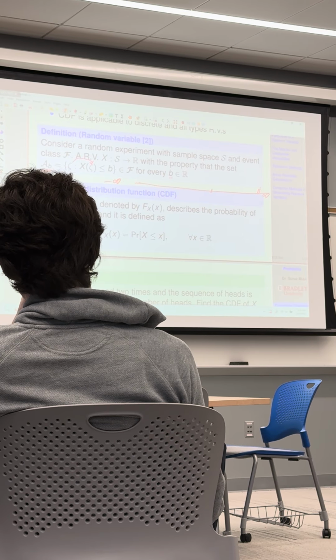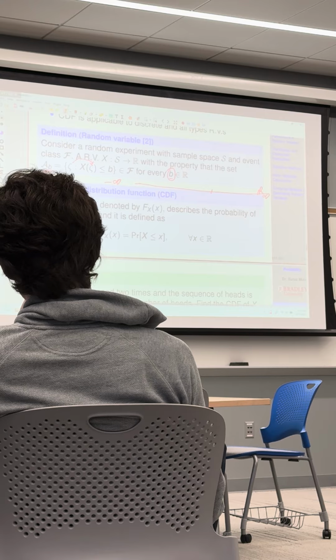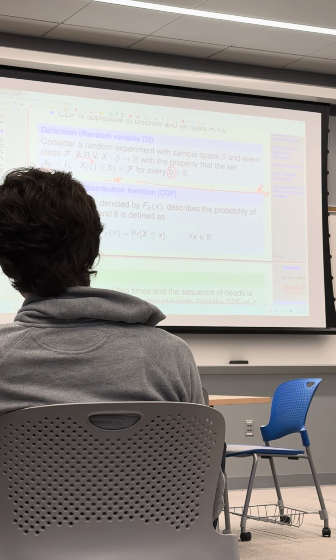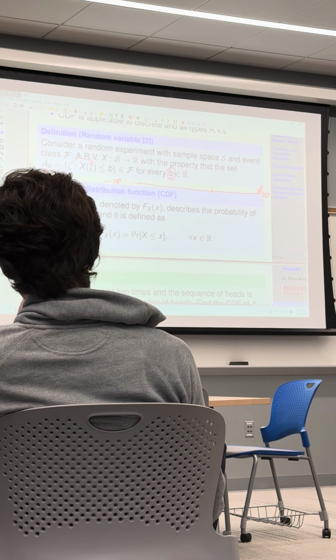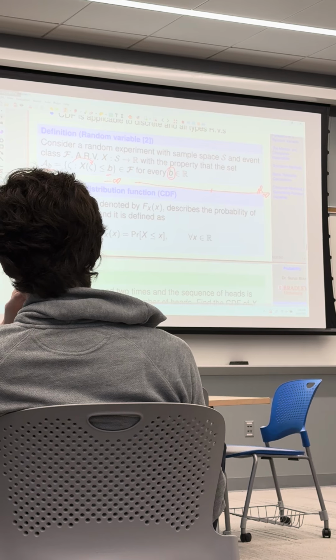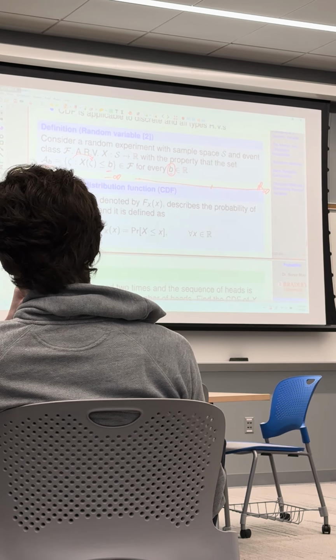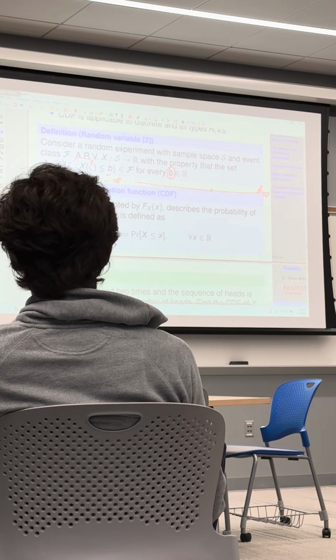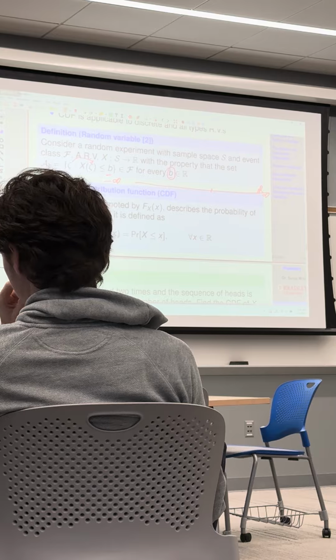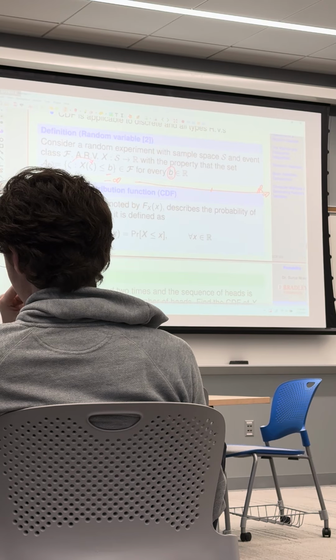So b can take any value as long as it satisfies this condition. But what is the point, if b is the entire line, of what you have here? You will be clear in a moment why I have this less than or equals symbol: this inequality we will be using to determine the probability.